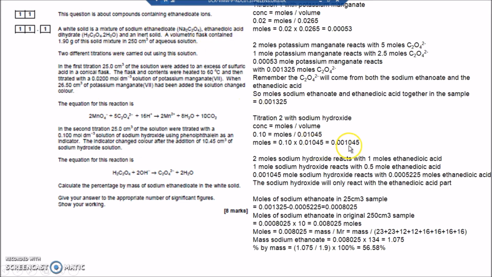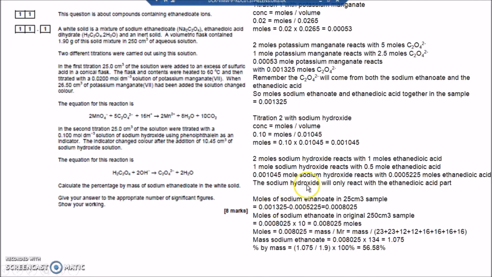So if I've worked out the number of moles of sodium hydroxide, if I half that, divide by 2, I will work out the number of moles of ethane dioic acid that it's reacting with. So I've now worked out, because the sodium hydroxide will only react with the ethane dioic acid part, then 0.005225, in other words, this value of my sodium hydroxide divided by 2 tells me the number of moles of ethane dioic acid dihydrate in there, which equals 0.00052225 moles.